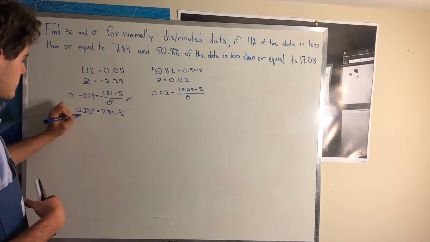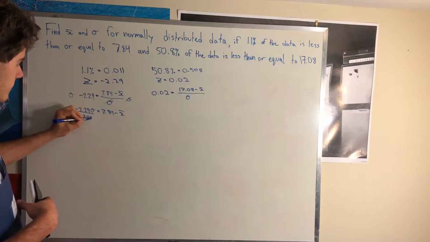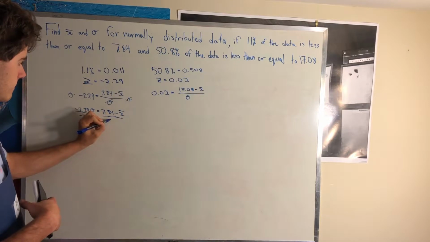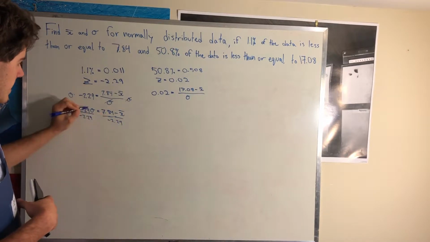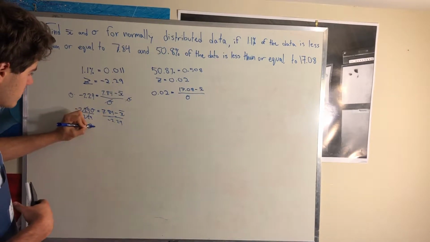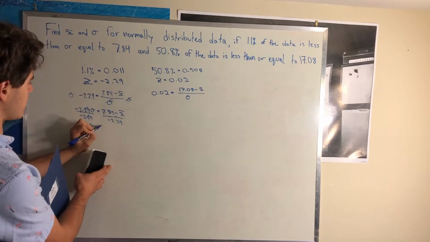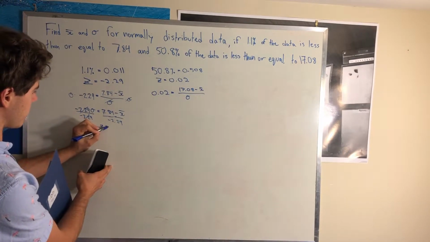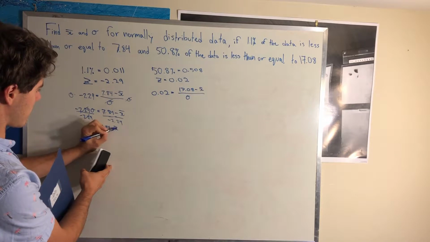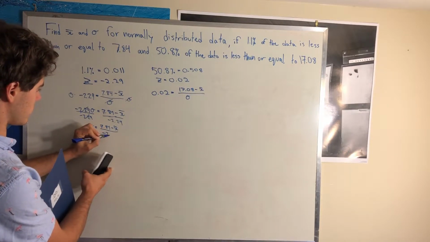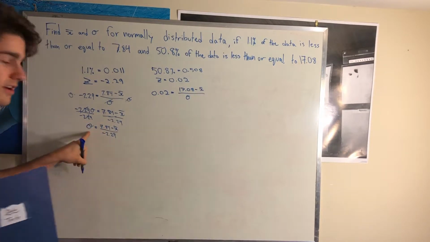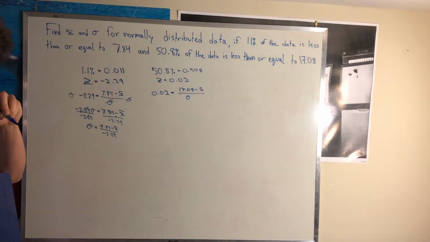I could divide both sides by negative 2.29. And now I've isolated for standard deviation, right? So standard deviation equals 7.84 minus x bar over negative 2.29, okay? All I've done here is isolated for one variable.